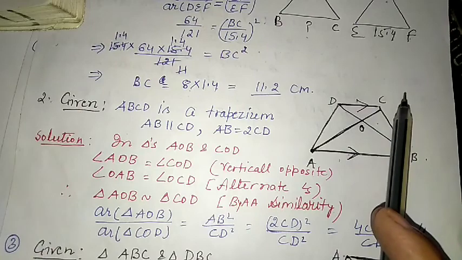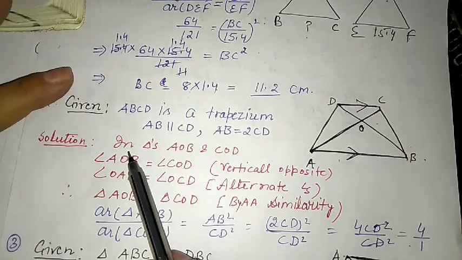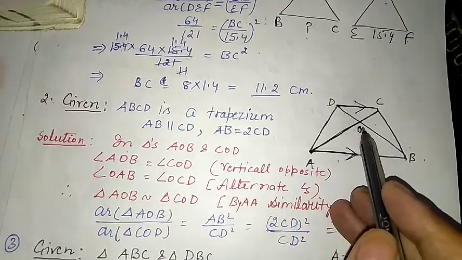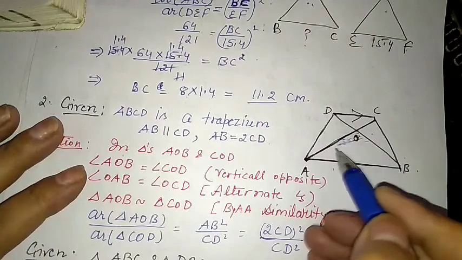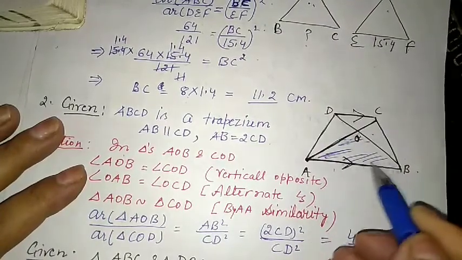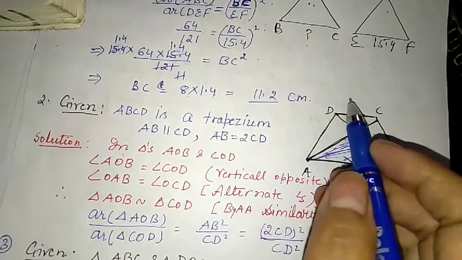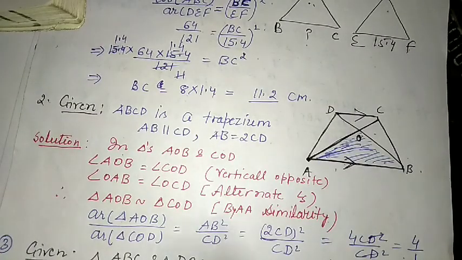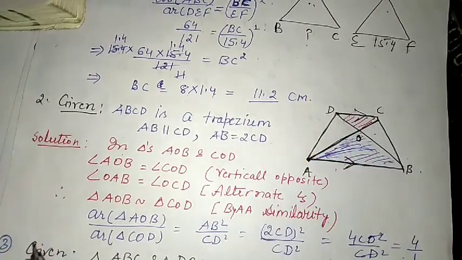This is given. So first we will take two triangles. Triangle AOB, this triangle, and triangle COD, this triangle. These two triangles we will choose.